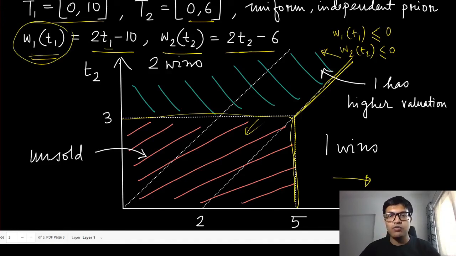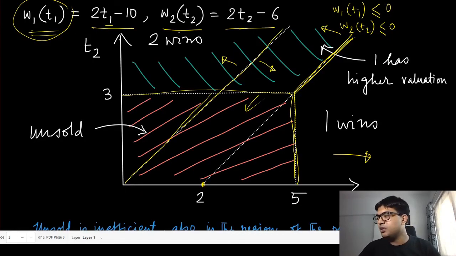And how far is it from efficiency? This determining line will hit the x-axis at this point 2, and this is the 45-degree line which we have drawn. This is the T1 equal to T2 line. So clearly you can see that this is selling the object in an inefficient way, at least in this region, because in this region we know that T1 is larger than T2, and you are giving the object to player 2.